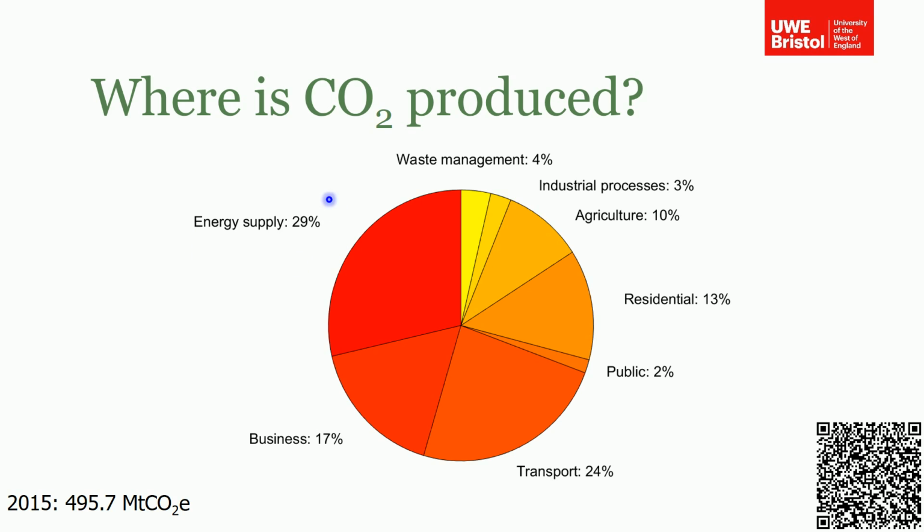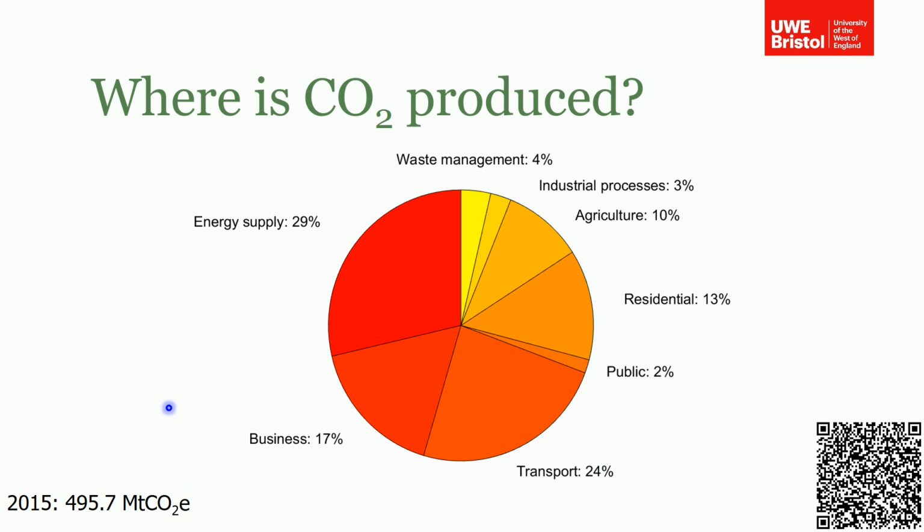So all the fuel that is consumed to generate electricity to keep our lights on is about 30% of total carbon dioxide produced. One of the other biggest single sectors is transportation, which is nearly a quarter. That does include rail and freight, as well as domestic commuting and things like that.